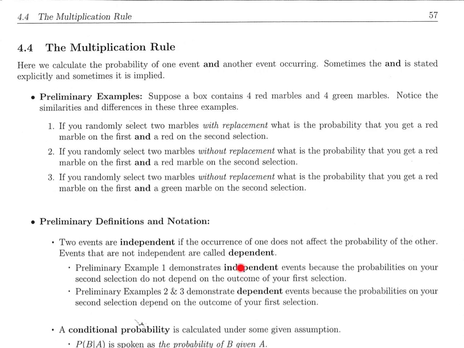I did that backwards. Independent events are sampling with replacement, so you're putting it back in and the probabilities don't change. And dependent events are synonymous with sampling without replacement, because as soon as you pull one marble out, the probabilities for the next one drawn change. Okay, so let's keep going.